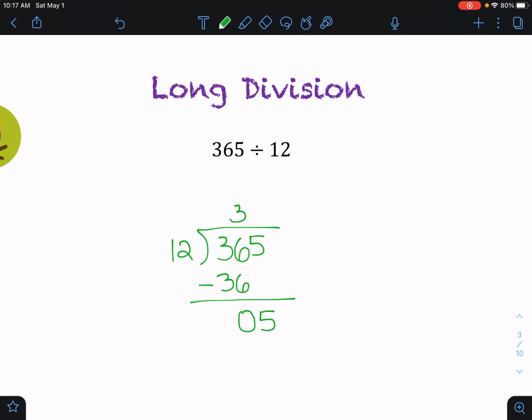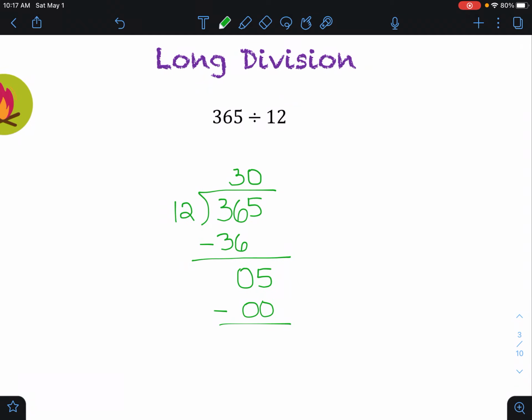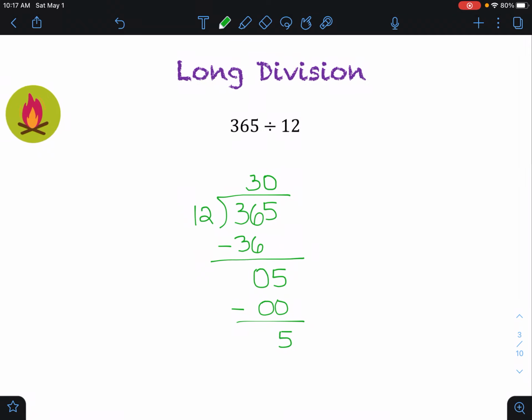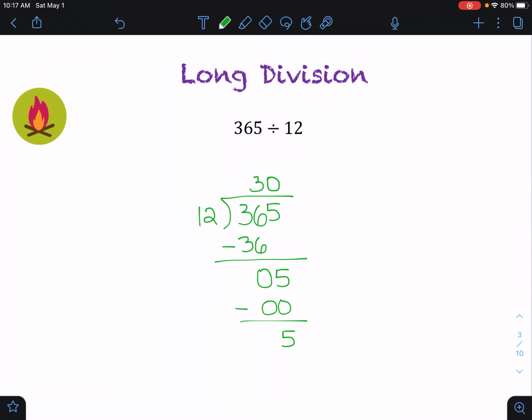And then we'd say, how many times does 12 go into 5? Well, 0 times, so this would give me 0. I would subtract, and I would have 5 left over. And then when you were back in your elementary days, you wrote 30 and then remainder 5.